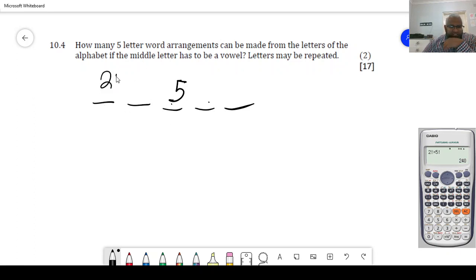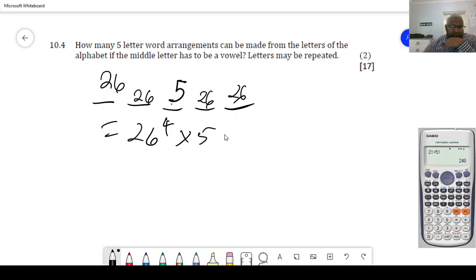So there's going to be 26 options here, 26, 26 and 26. So that's going to be 26 to the power of 4 times 5.